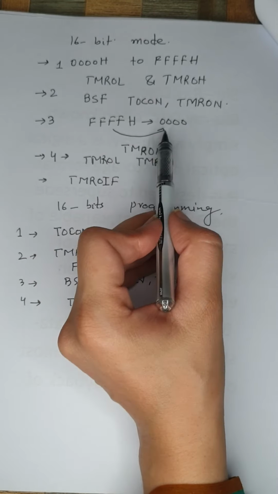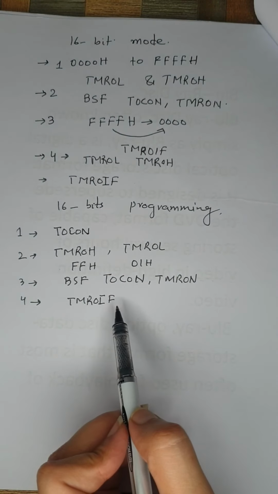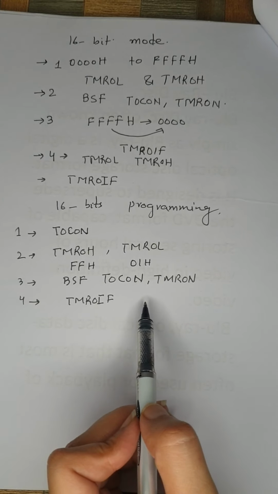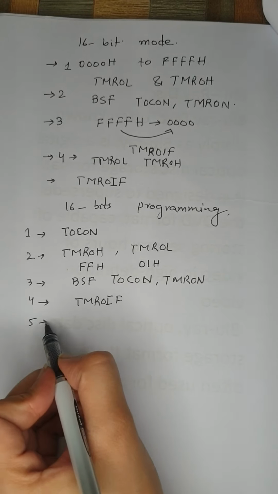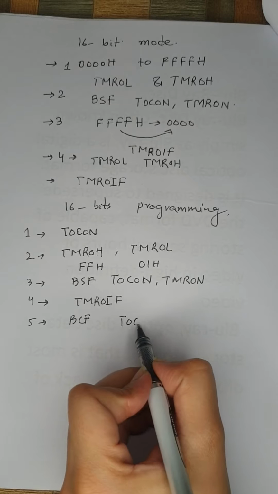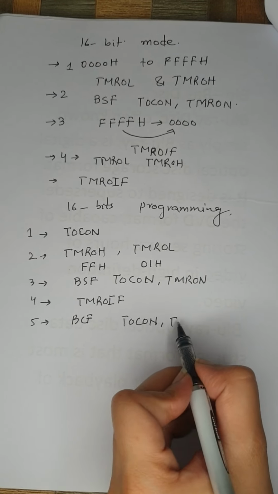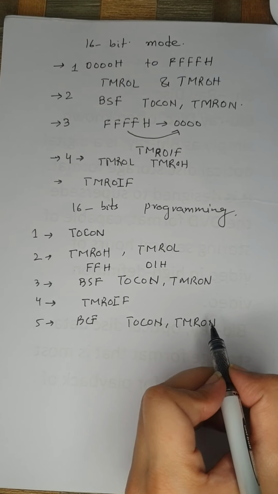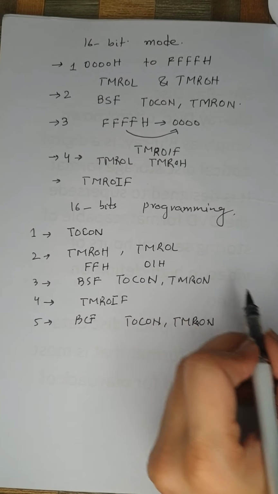If it has not rolled over, we need to keep monitoring the timer 0 interrupt flag until it is set to 1. As it is set to 1, we need to stop the timer with the instruction bit clear flag timer 0 control register, and which bit again, the timer 0 on.